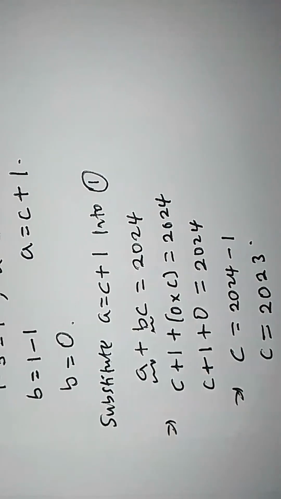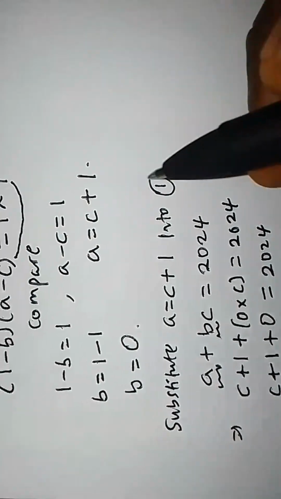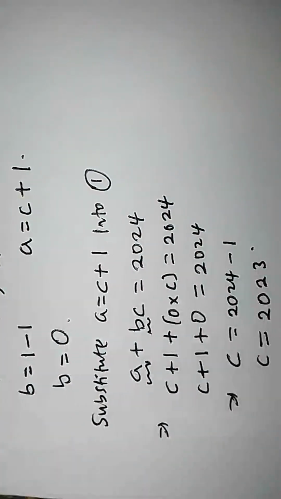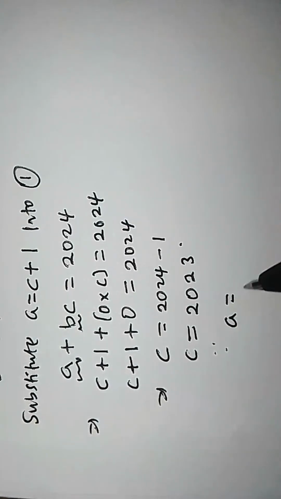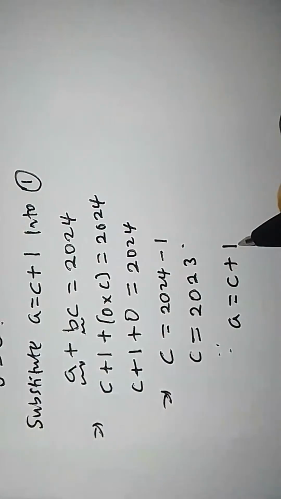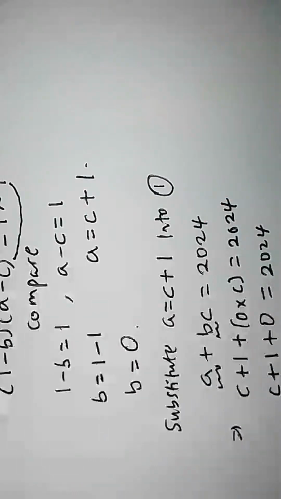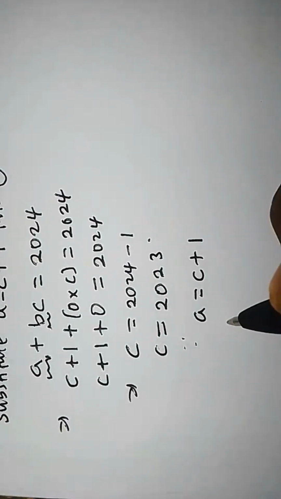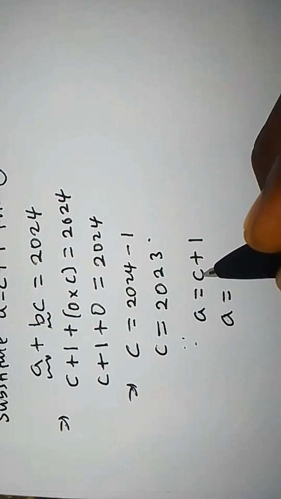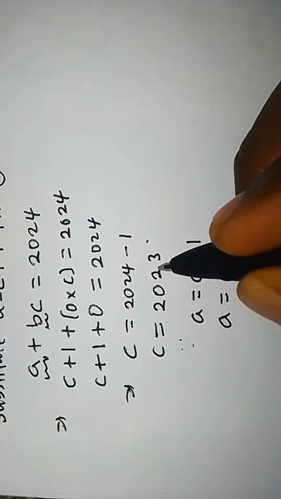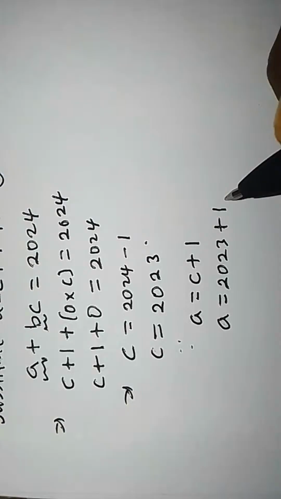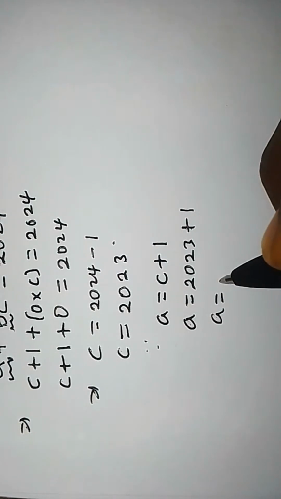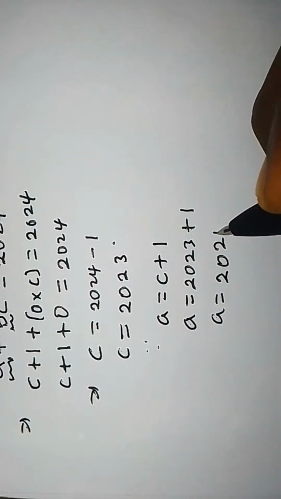What is left now is to find the value of A. Since A equals C plus 1, from this line, A equals, in place of this C now, we write 2023 plus 1. A equals 2023 plus 1, that is simply 2024.